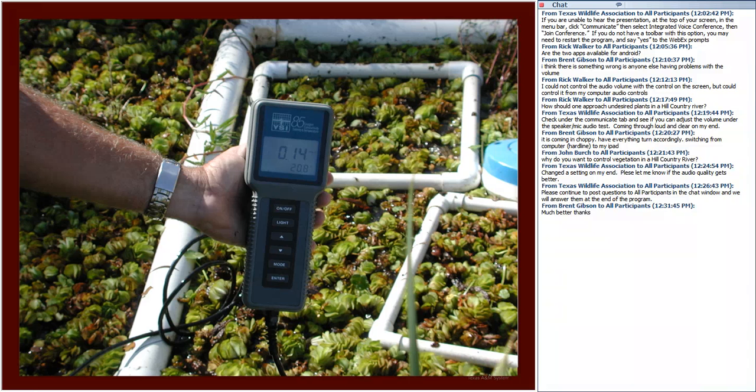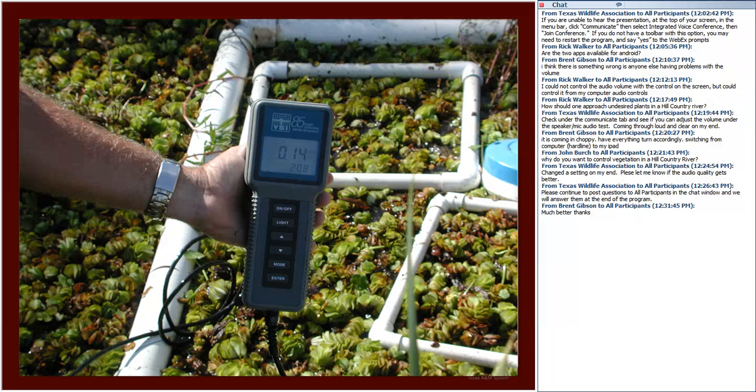Now, the issue is, as we look at this oxygen meter, as this plant species basically grows and forms a dome over the top of your pond, there's no oxygen transfer occurring anymore with the surface. And so we look at this oxygen meter, and it's going down below these plants, and it's got a reading of 0.14 milligrams per liter for oxygen.